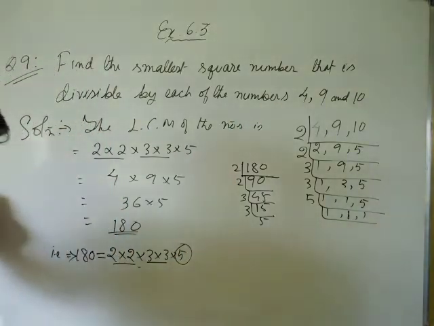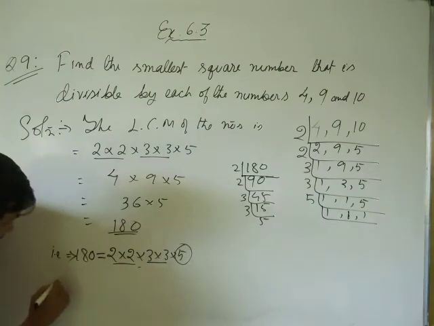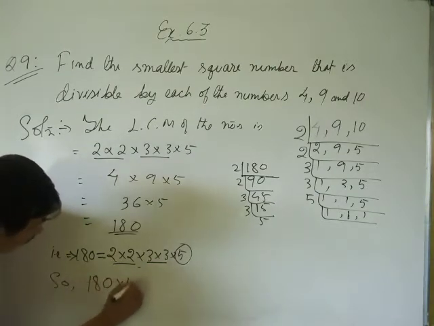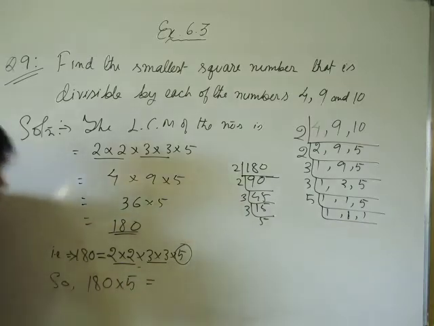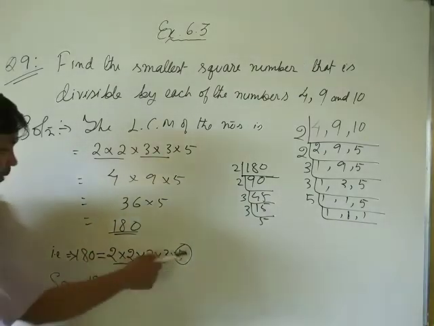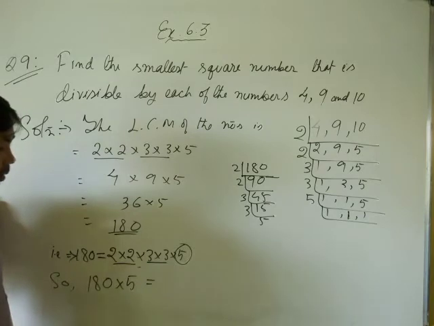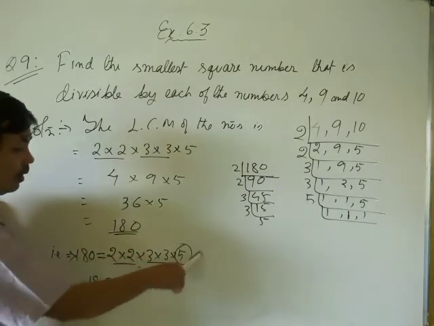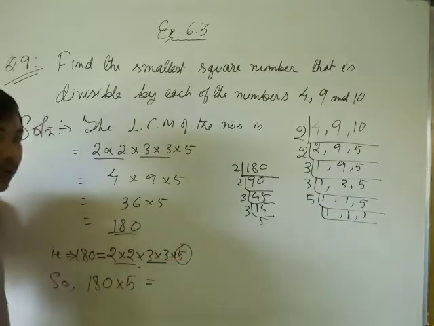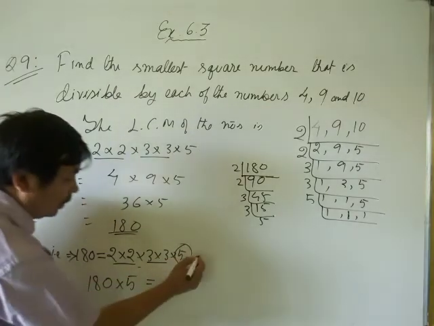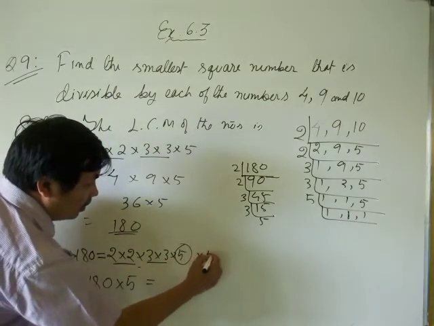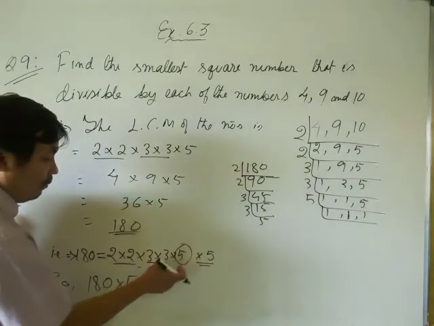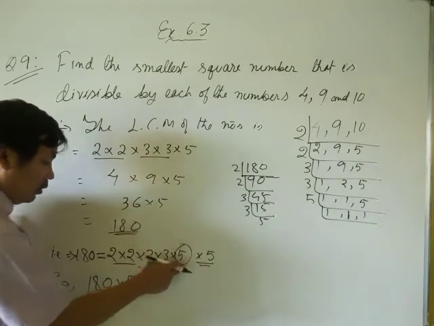So take this 180 and take one more 5 to make it a square. We have to multiply 180 by 5.